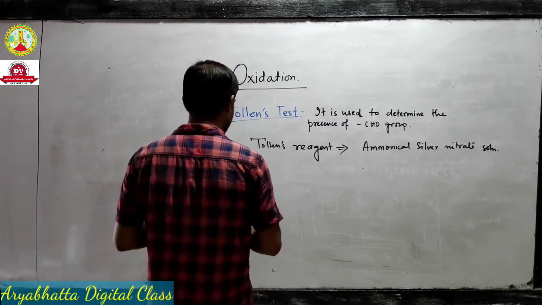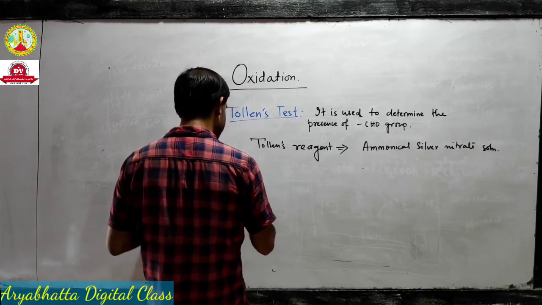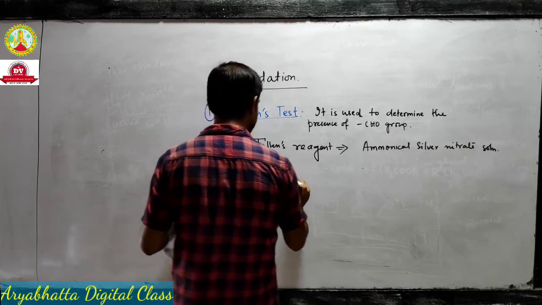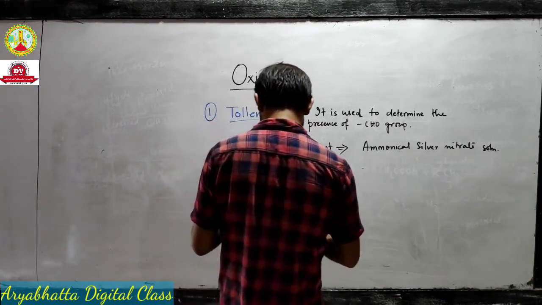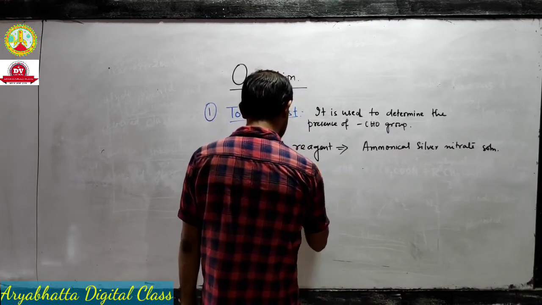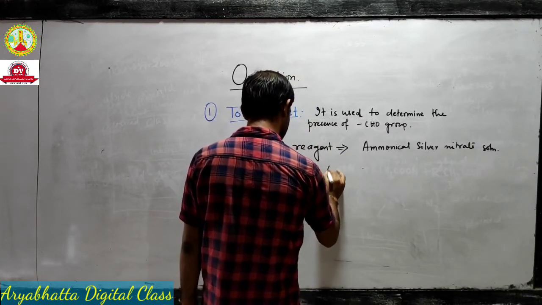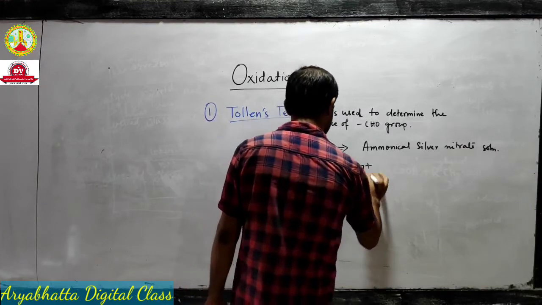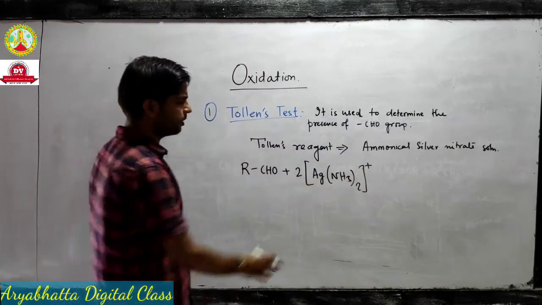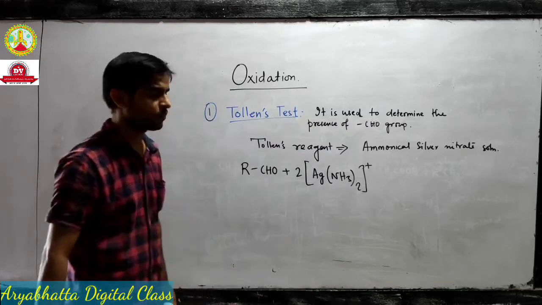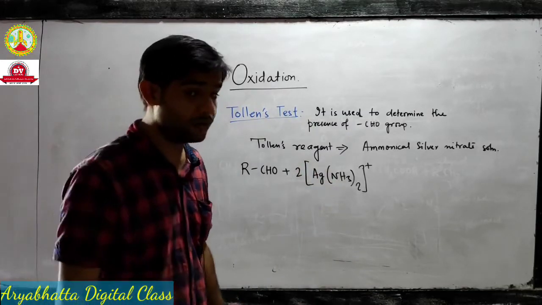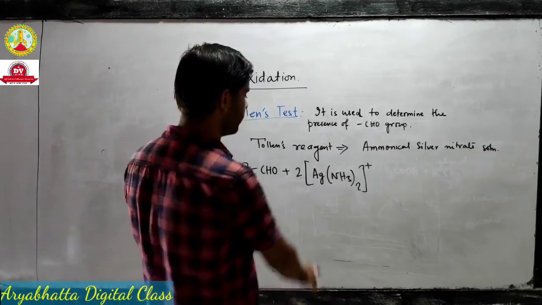So when we take RCHO, the main thing is this silver complex. When we mix silver nitrate and ammonium hydroxide, we get this complex.